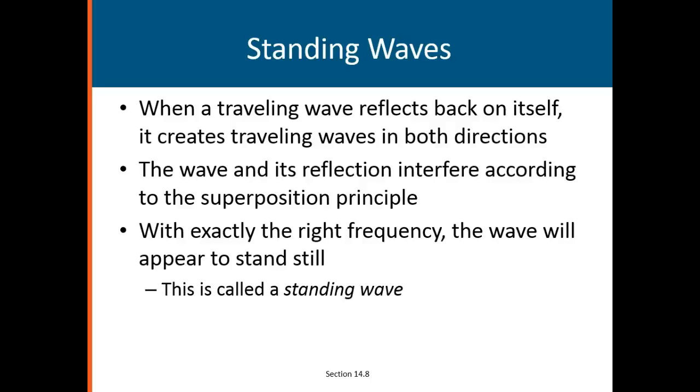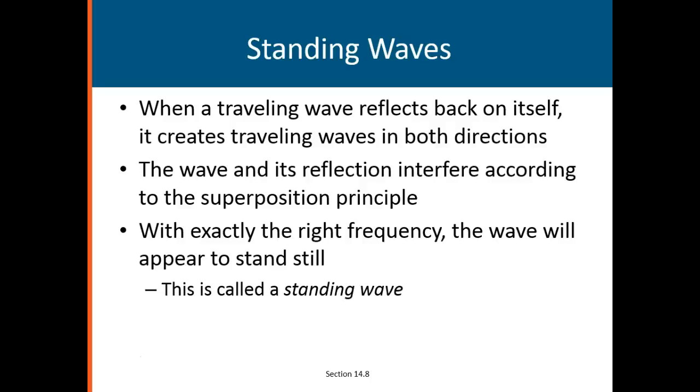And what that means is, if they're coming like this, and they happen to hit just like this, and every piece of them hits at the same time, the frequencies are just so they do that, then they just look like they're standing still. In reality, they're still moving this way, but they appear to stand still, and that's called a standing wave.